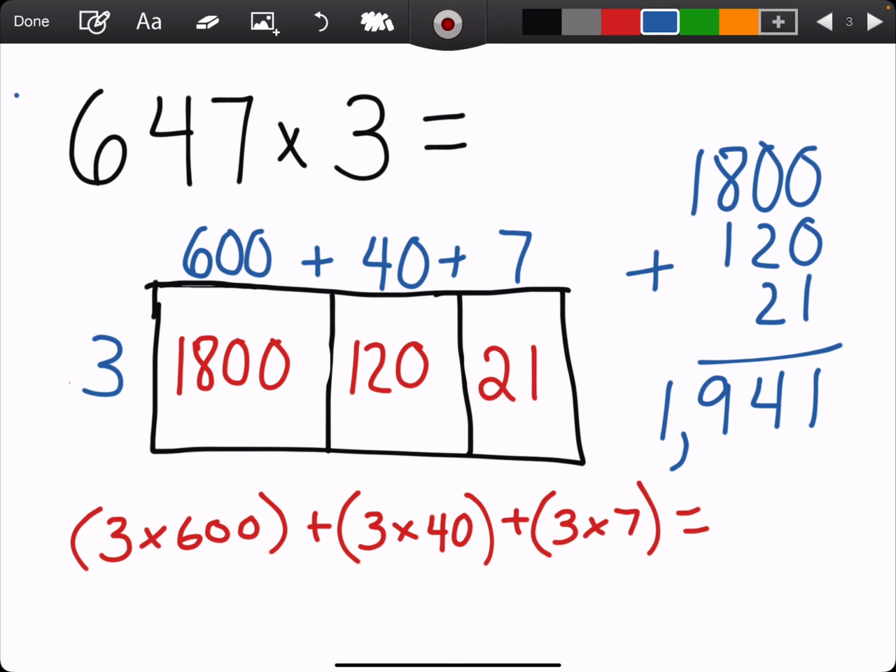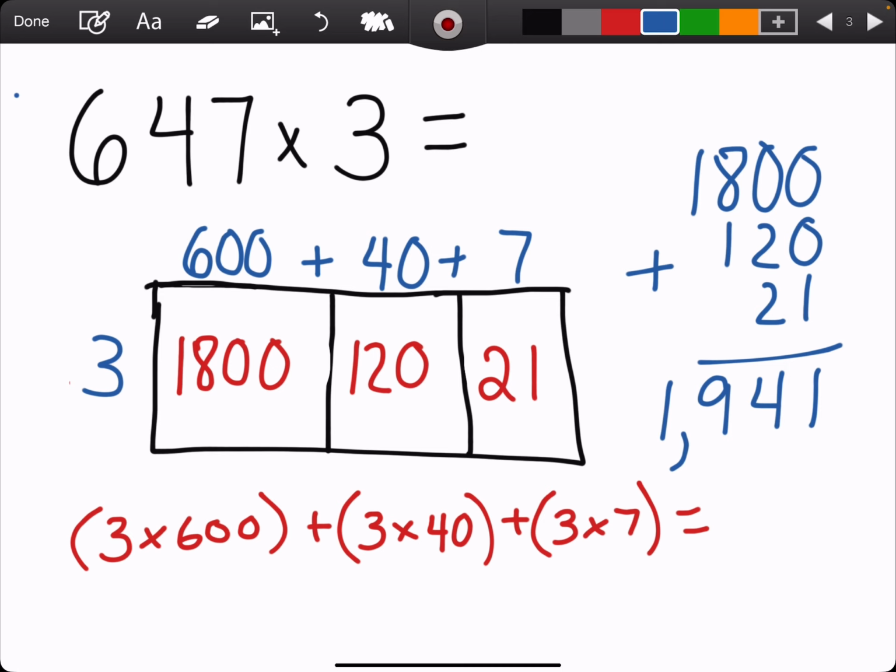You can solve it mentally too. I'm going to be honest, once I learned this method years ago, or refreshed myself from elementary school, if we learned it that way, which I don't know, I can now in my head say, all right, 600 times 3 is 1,800. 40 times 3 is 120.